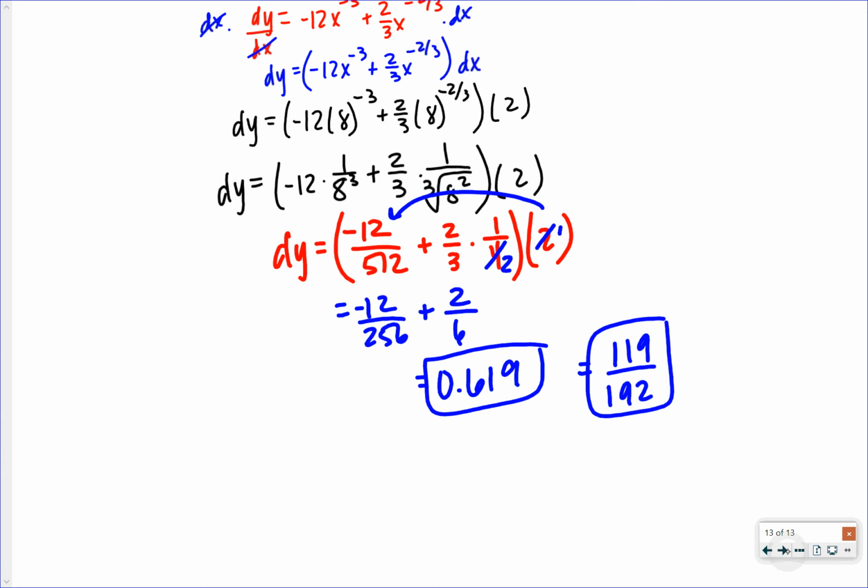And number 14 is the FRQ. Let f be a function defined on the closed interval from negative 3 to 4, with f of 0 equals 3. And f prime, the derivative, consists of one line segment and one semicircle, shown above. Here's the graph.